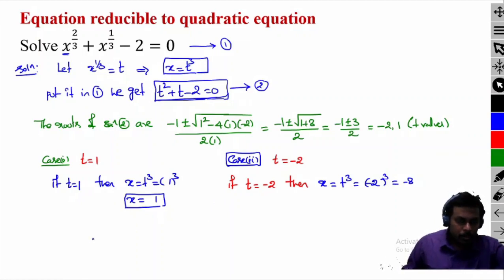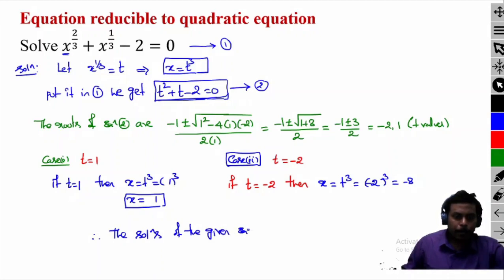So therefore the solutions of the given equation are x is equal to 1 comma -8.